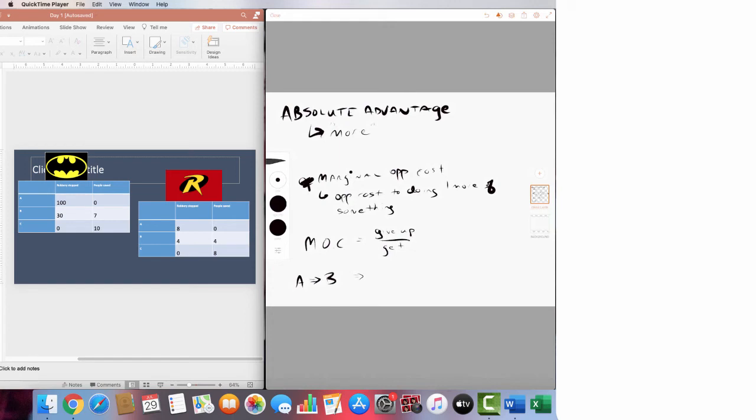If we look at the table there to the left, we see he starts with 100 and he ends up with 30. So what he's giving up are 70 robberies stopped. But he's getting something in return. He's saving 7 people. He started with 0 and now he's at 7. So he gets 7 people saved.